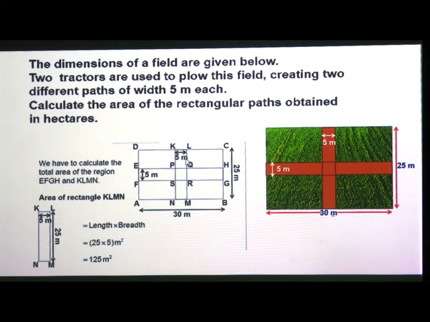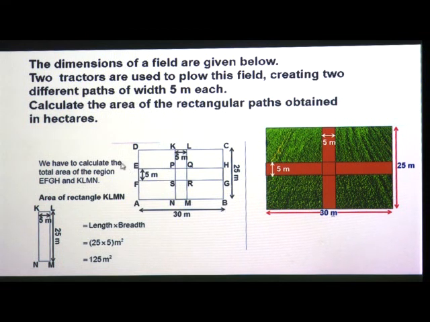So, we had drawn two paths whose dimensions are given to us, which are 5 meter wide. We had drawn the 5 meter wide path, which is labeled as KLMN. This is one path, and another path which is also 5 meter wide, which is labeled as EFGH.